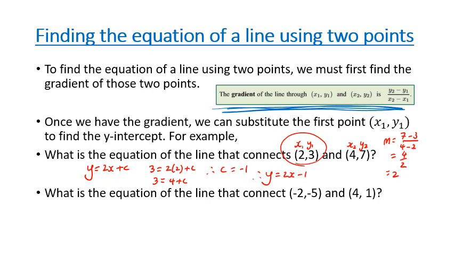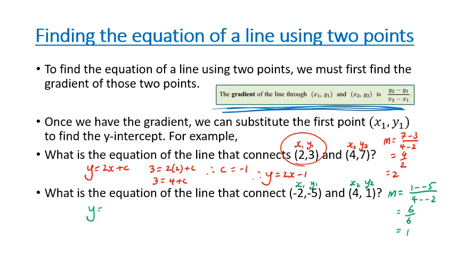Again, if I'm going to do that for my second point, I'll use a different color. M equals y2 take y1 over x2 take x1, if I've got x1, y1, x2, y2. It's going to be 6 over 6, which is just simply 1.